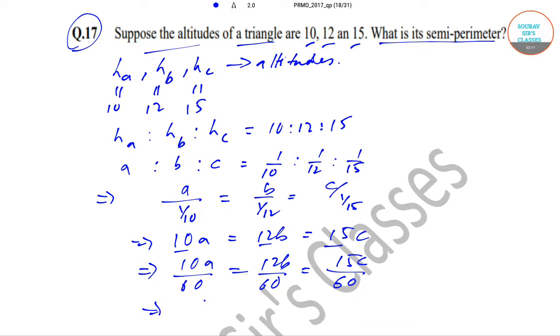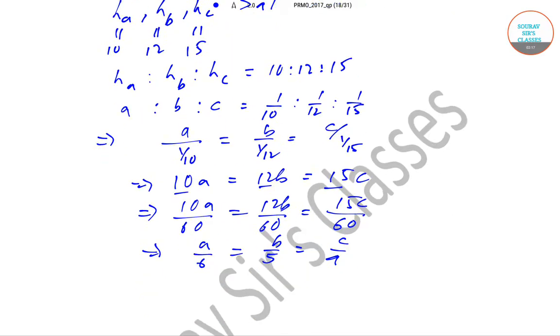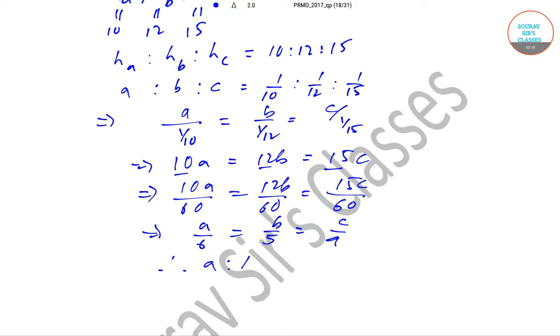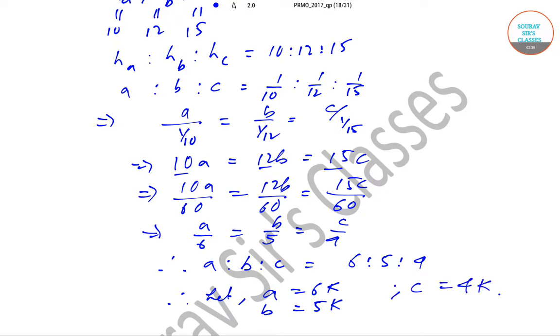So this will give us A by 6 is equal to B by 5, which will be equal to C by 4. So ultimately we'll get that A : B : C will be equal to 6 : 5 : 4. Okay, and we can therefore write that let A be 6K, B be 5K and C is equal to 4K. So this is how we can write.